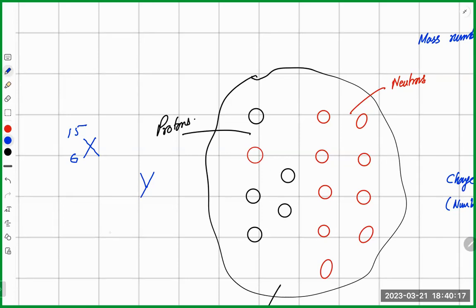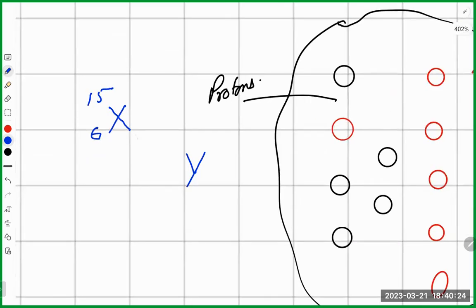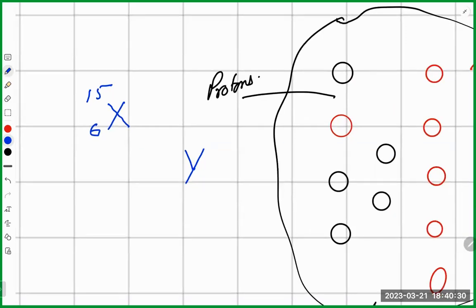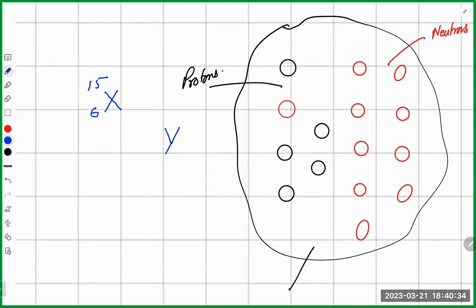And how many protons? 5 protons. So what will be the mass of this new element? Mass number means the total number of protons and neutrons. 15. Good. So there is no change in the total number of protons and neutrons.